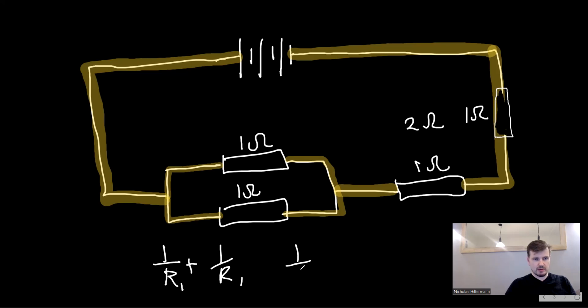So it's 1 over 1 plus 1 over 1, which is 2. But it's not that, because it's 1 over R parallel. So don't make the mistake of thinking the answer is 2. We have to flip it. So 2 over 1, if you flip it, is a half. So these combine to make 0.5.